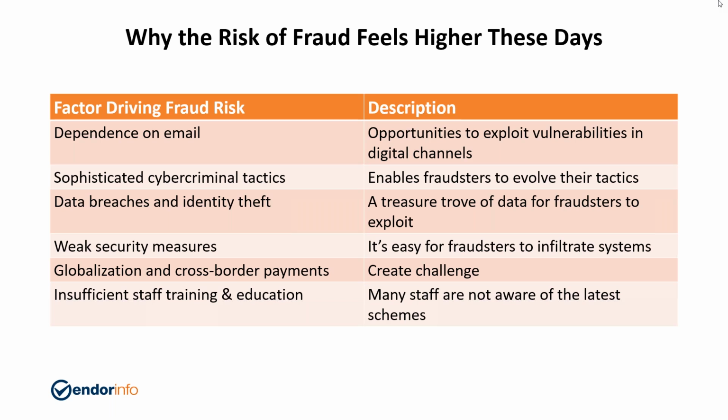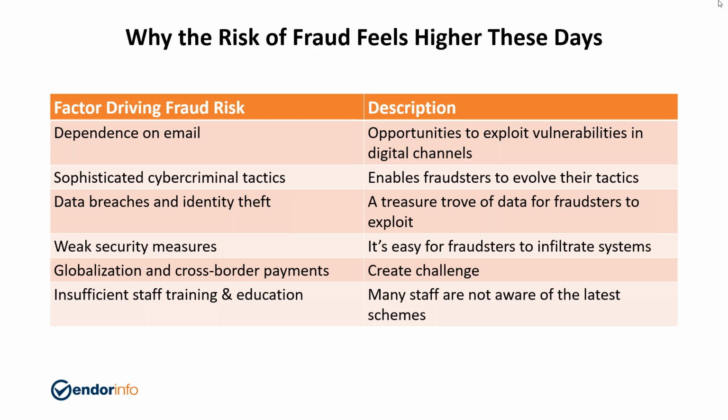We also see that fraudsters are using data breaches and identity theft to perpetrate more crimes. Today, being hacked with a data breach does more than just create some near-term concerns. That information often finds its way into the dark web, and it can be used against us at opportune times for fraudsters.